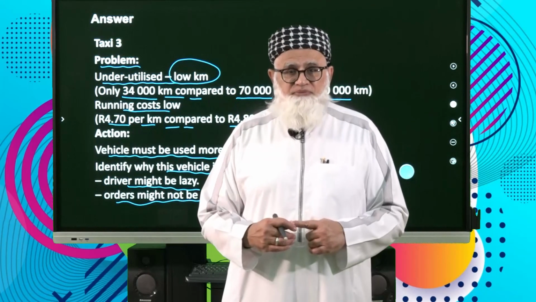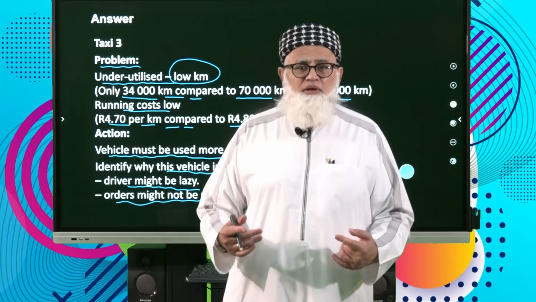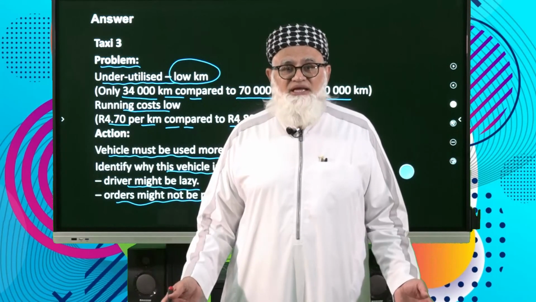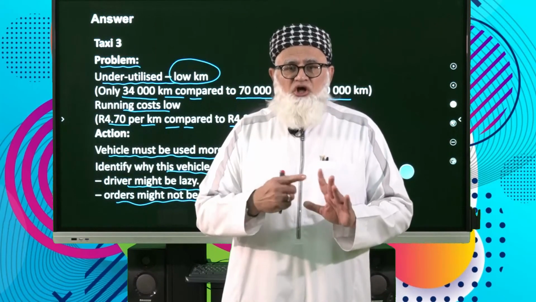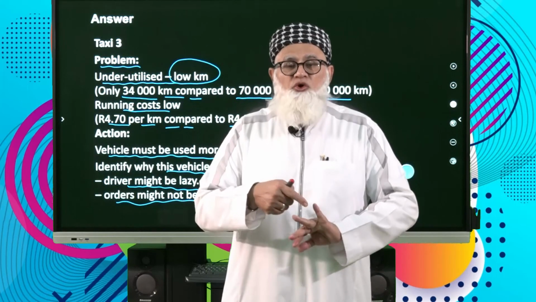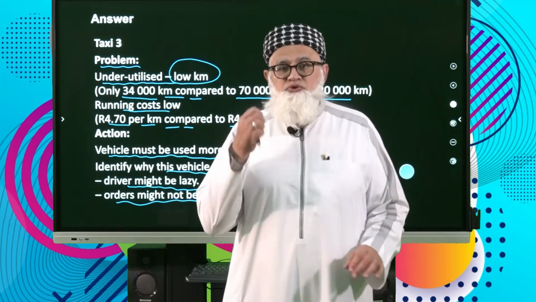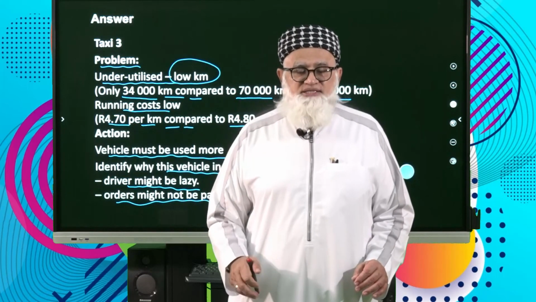Number two, be able to do an asset disposal, the account, the table, or the note number 3. What are the 5 steps that we do? Current year's depreciation, the cost price, accumulated depreciation, your carrying value, and your selling price, which will then give you either a profit or loss on sale of asset.